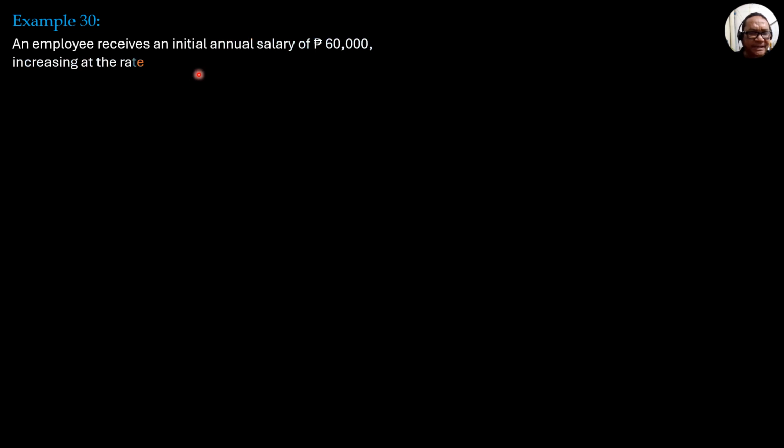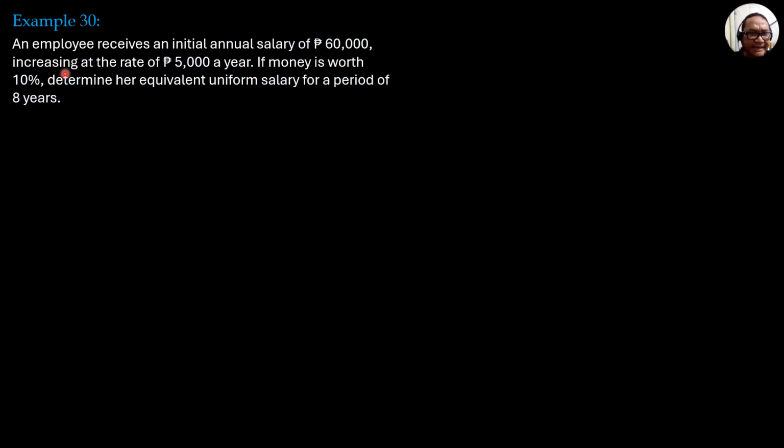So for example 30, an employee receives an initial annual salary of 60,000 pesos, increasing at the rate of 5,000 pesos a year. If money is worth 10%, determine her equivalent uniform salary for a period of 8 years.